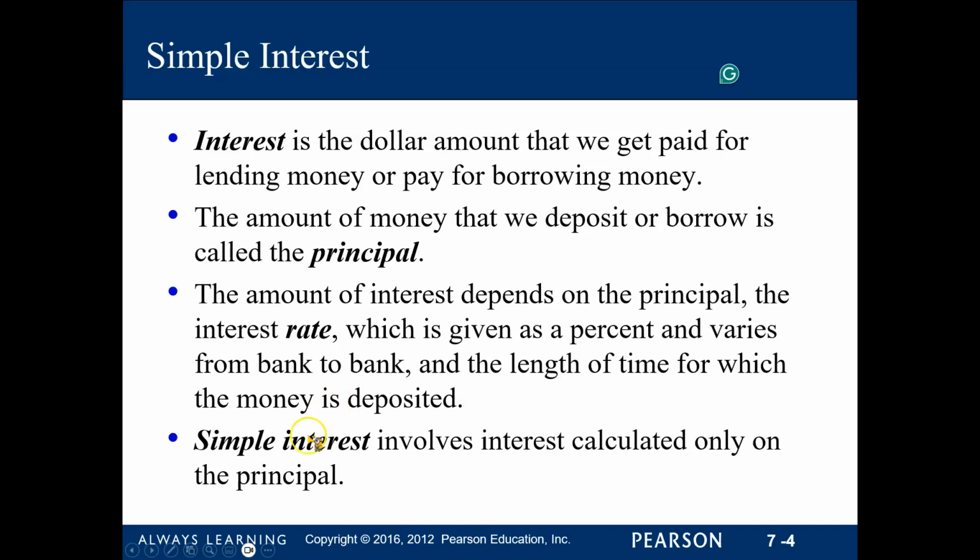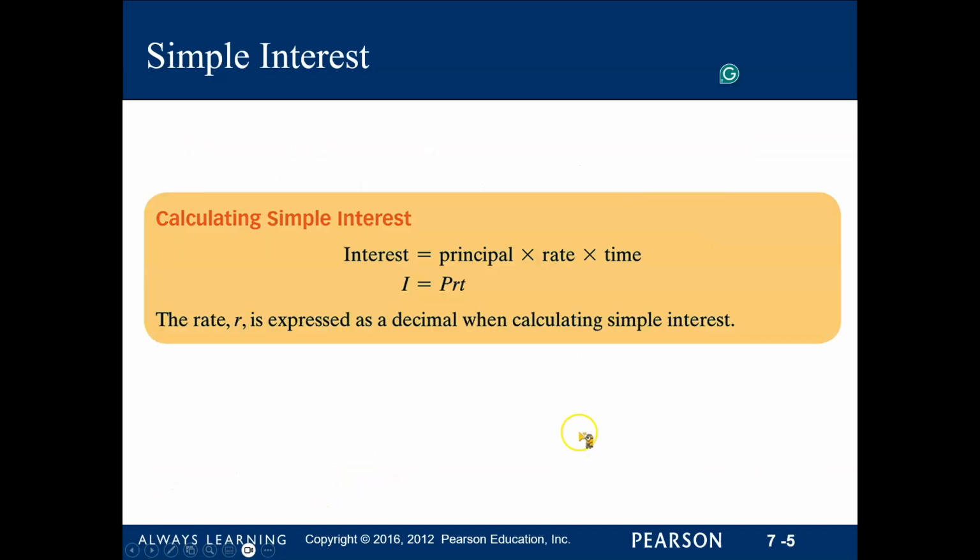So simple interest is simply the interest calculated only on the principal. When we are going to be looking for simple interest, the formula that we use is I is equal to P, principal, R is rate, T is time.